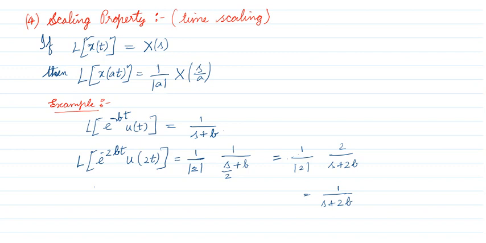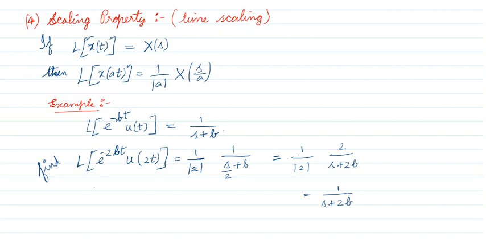Now we will use this property and solve a problem. That's what is given here. If we know e power minus bt u of t is 1 by s plus b, the question is to find the Laplace transform of e power minus 2 bt u of 2t. We observe that instead of t, here it is 2t. So what property can I apply? Time scaling property.